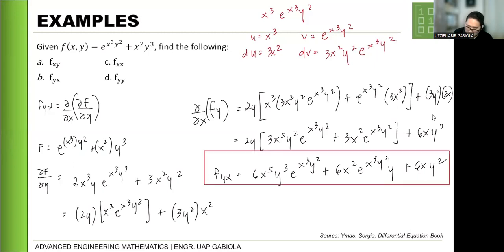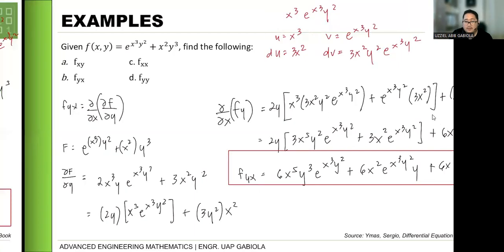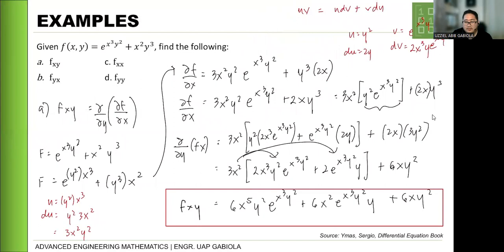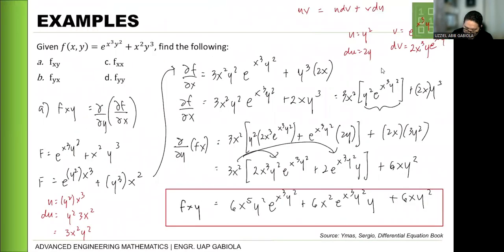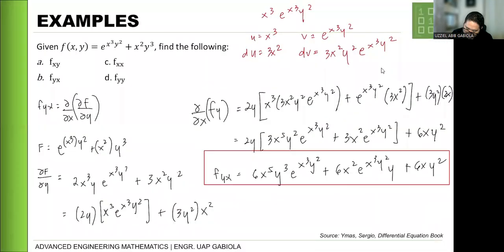Okay? And if we check whether it is equal to the first one, let me check now. I think I made a mistake in the exponent. Wait lang. X cubed y squared y. Okay. 2y.